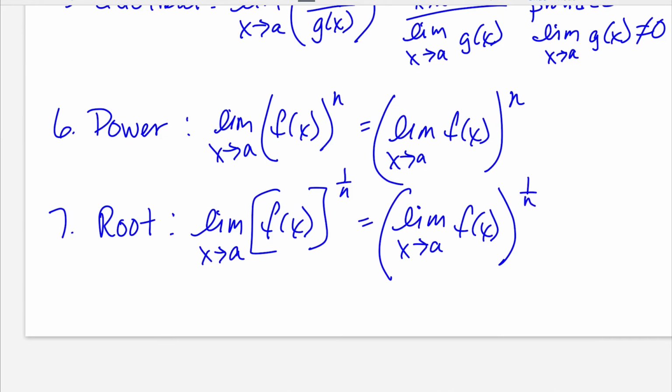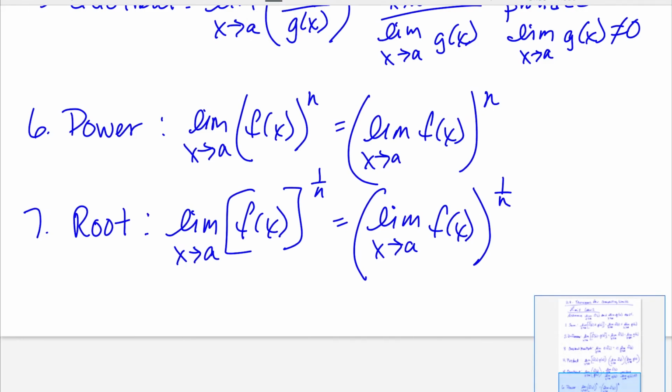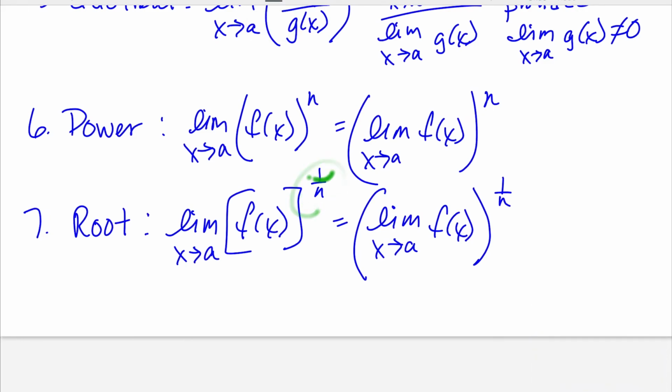Now remember, we call this the root because you know this exponent up here is the same thing as power over root. And I'm just taking it to the first power, and then my root is n. It's just another way to put it as an exponent so that we can work with it a lot easier rather than showing it under the radical. But honestly, if you put it under the radical, then that would be the exact same thing.